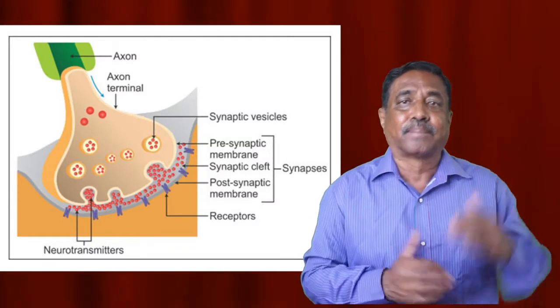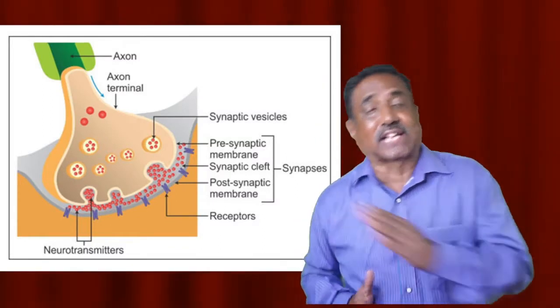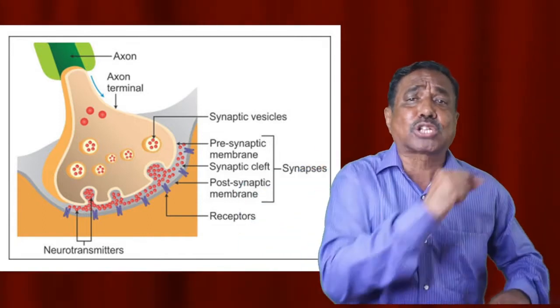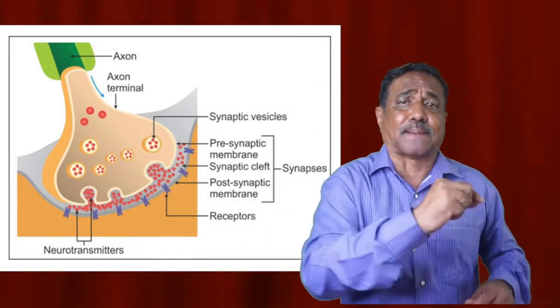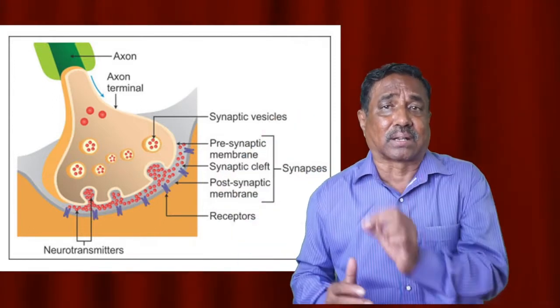So this is about the structure of the neuron. How does the conduction of nerve impulses take place along the synaptic cleft? As I told you earlier, dendrites of one neuron are in contact with telodendria, that is the axon ending of another neuron. Such places are called a physiological junction, synapse. How does the transmission of nerve impulses take place across the synapse? There is a postsynaptic membrane and a presynaptic membrane, and there is a cleft, the synaptic cleft.